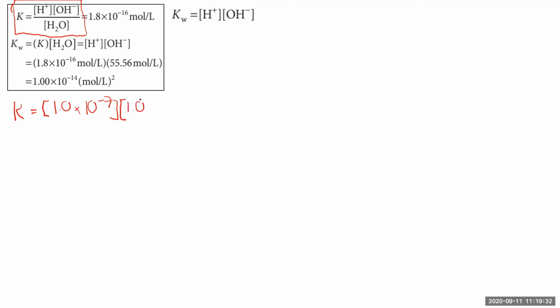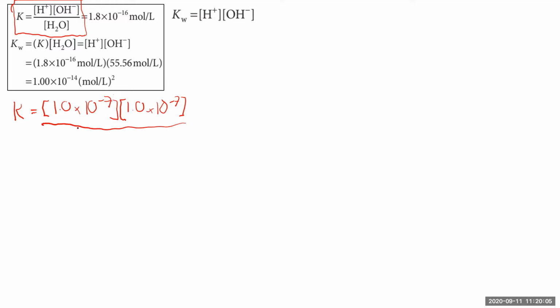So we have 1.0 times 10 raised to the power of negative 7. Now it will be divided by the concentration of water. Now, how do we get the concentration of water? For the concentration of water, all we have to do is to divide the grams of water per liter by its molar mass.